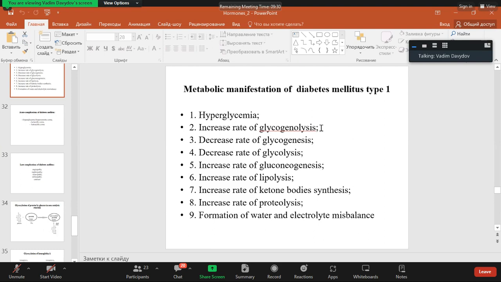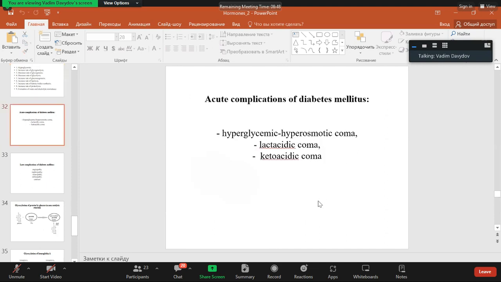Simultaneously there is increased rate of glycogenolysis, decreased rate of biosynthesis of glycogen, decreased rate of glycolysis, increased rate of gluconeogenesis preferentially in the liver, increased rate of lipolysis, increased rate of biosynthesis of ketone bodies, acetone for example, increased rate of proteolysis, and a disorder appears in the water and electrolyte metabolism, a water and electrolyte imbalance in the human body.